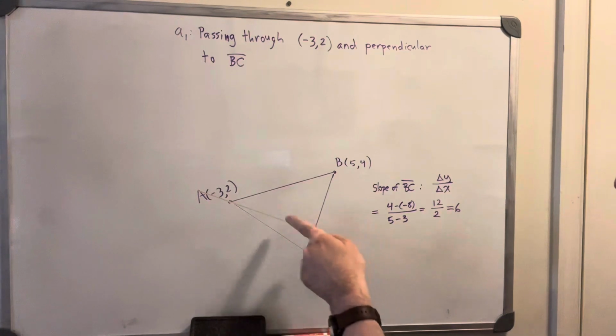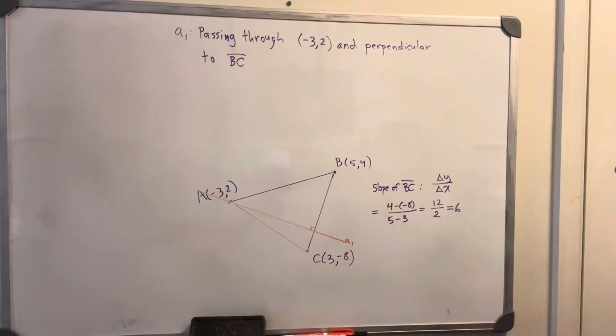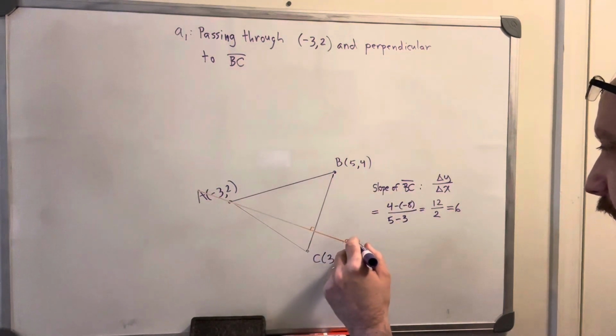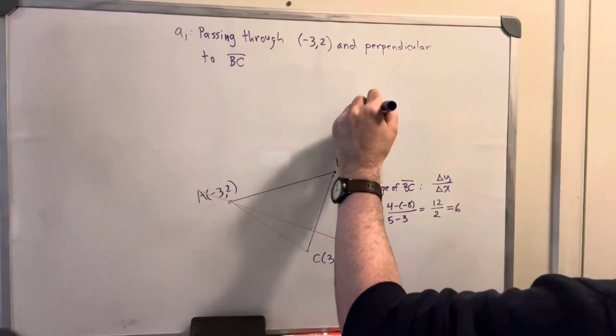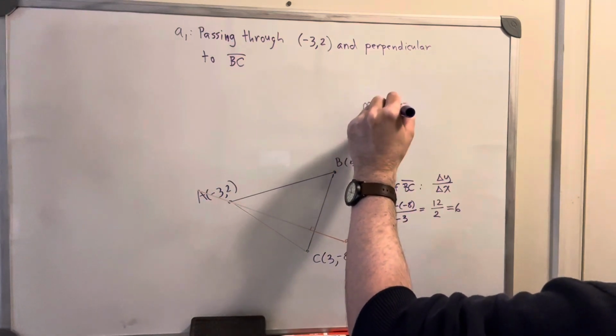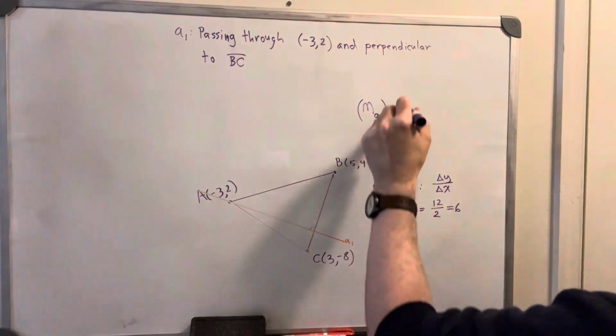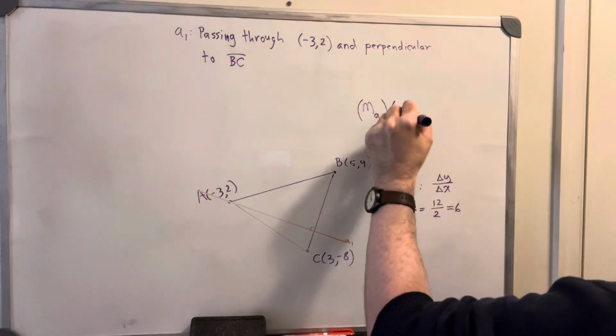Now A1 is perpendicular. And do you remember the theorem about what is true about the slopes of lines that are perpendicular? Let's call the slope of A1 M sub A1. And the slope of this line, as we just figured out, is 6.